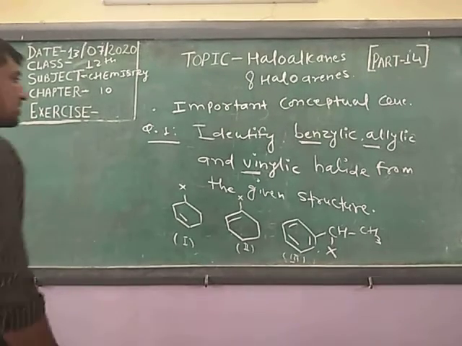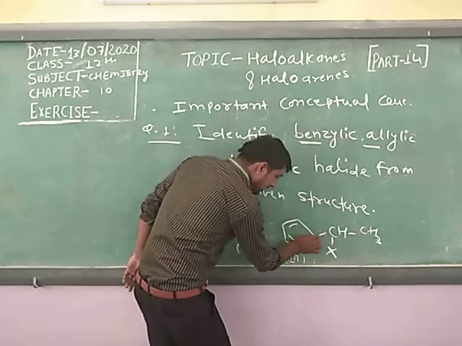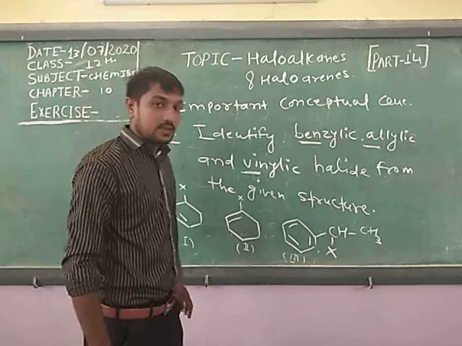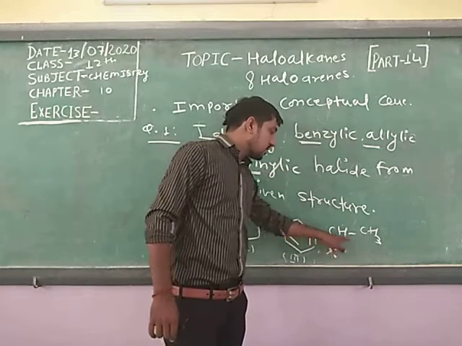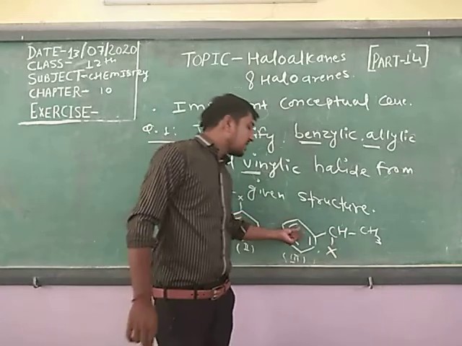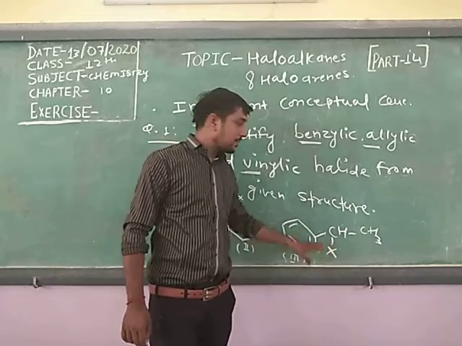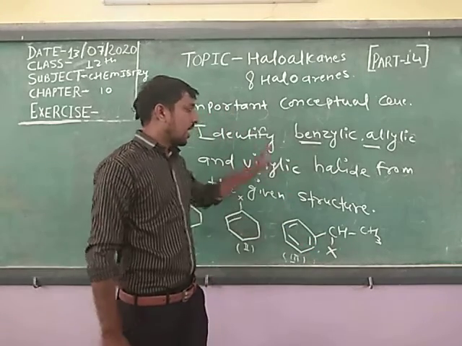You see that there is benzene, and the carbon of this benzene has sp2 hybridization. Then the CH group and CH3 and halogen groups are joined. So when the carbon of benzene has sp2 hybridization, this group will be of the nature of benzylic halide.